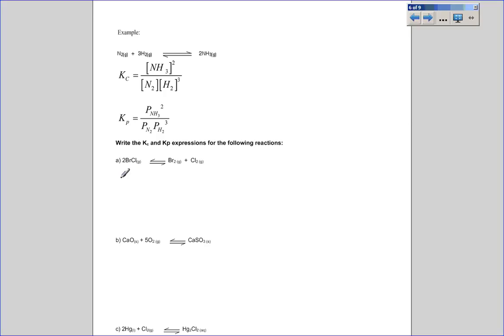So let's look at these examples here. We want to write the Kc expression and the Kp expression. The Kc for this reaction is the concentration of Br2 times the concentration of Cl2 divided by the concentration of BrCl squared.